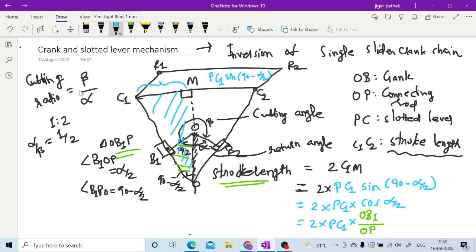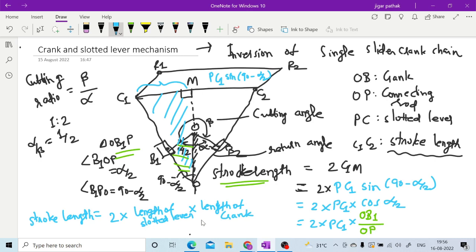Your stroke length is equal to 2 into PC1, which is the length of the slotted lever, into OB1, which is the length of the crank, upon OP, the length of the connecting rod, right?